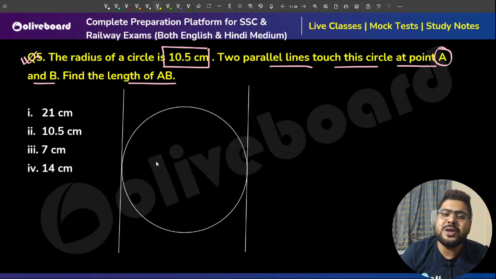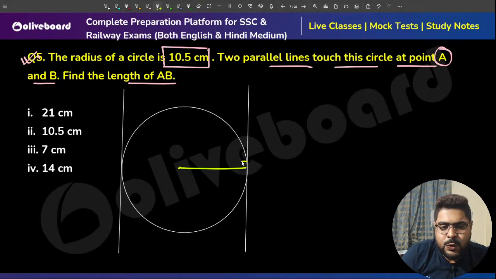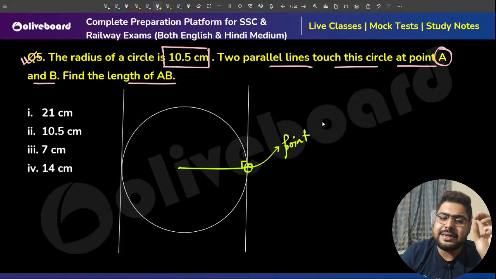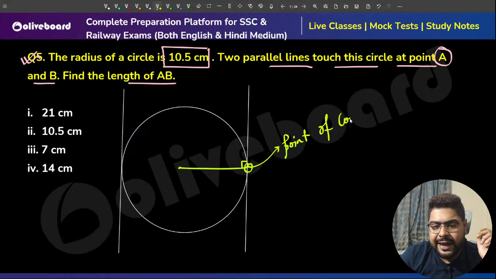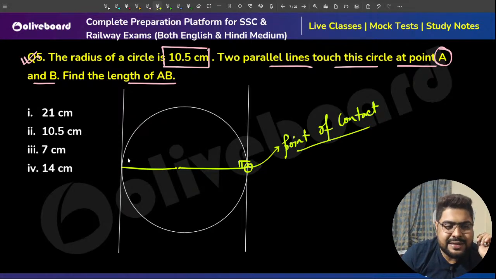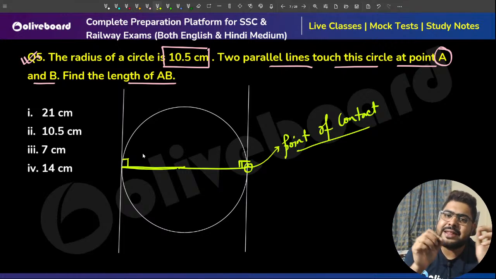Also remember, the line you join from the center to the tangent, where the tangent touches the circle, that is called the point of contact. If you join the center with the point of contact, that is always 90 degrees with the tangent. Parallel means they will always make the same angle.